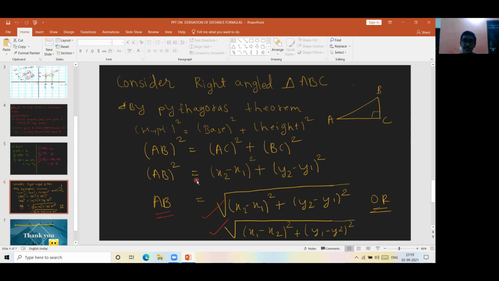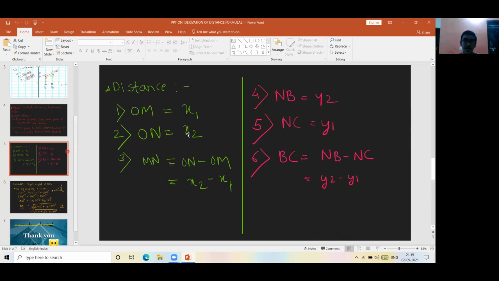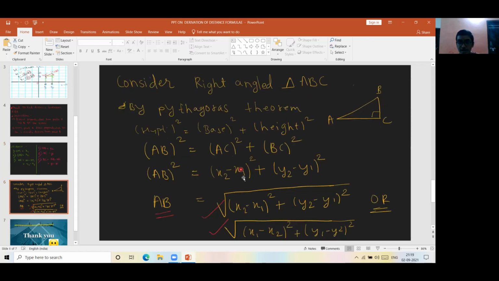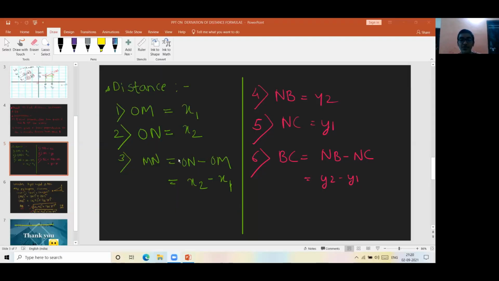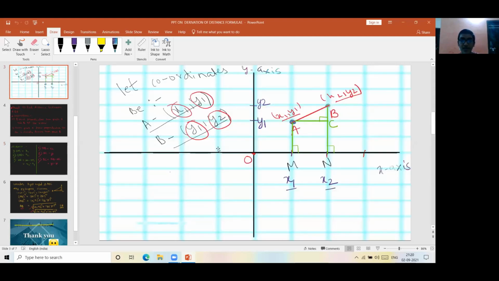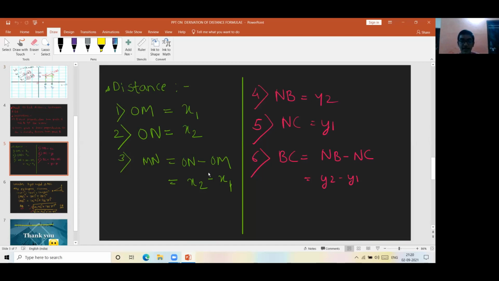Now the AC value. We have not written the value of AC, but if you observe carefully, AC is equal to MN, as these both lines are the same and this is a rectangle. Already we have the value of MN, which is x2 minus x1.